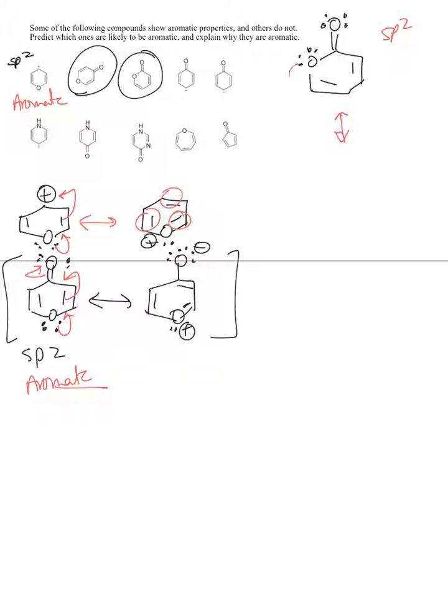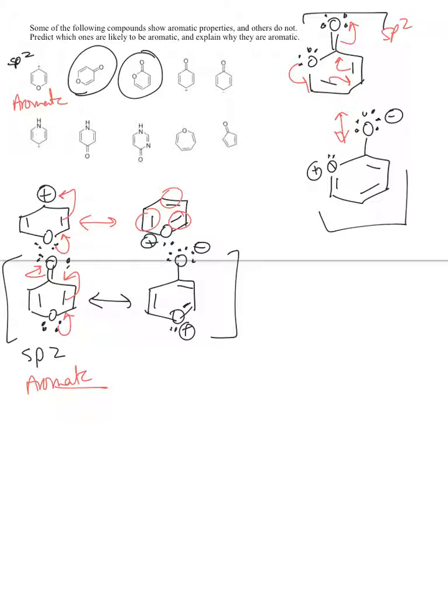These electrons go here, these electrons go there, these electrons go here, and electrons go there, and we redraw this. The positive and the negative cancel out to make a neutral molecule. That would be a realistic resonance structure, and every atom is sp2 and has 6 pi electrons, so that would make it aromatic.